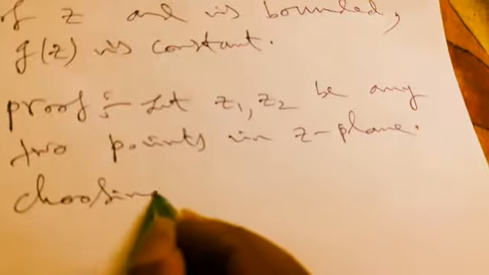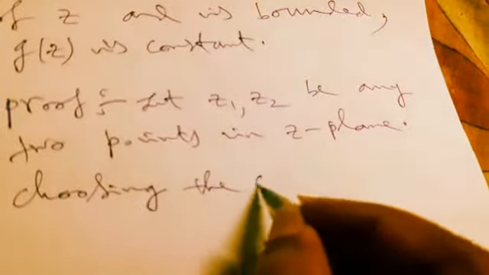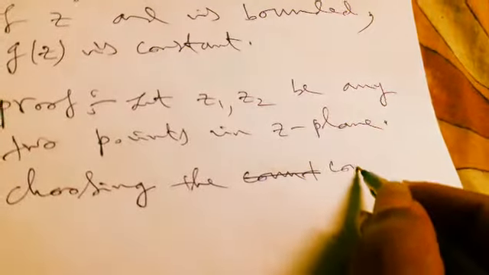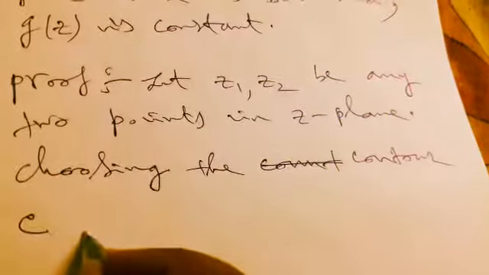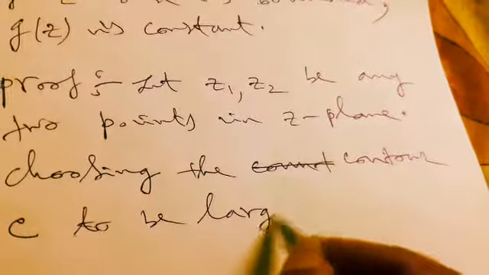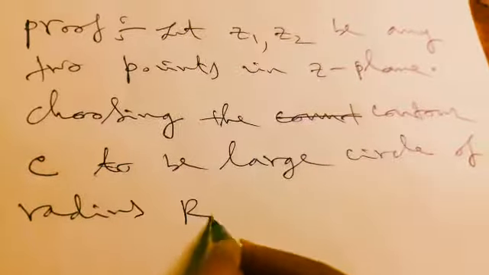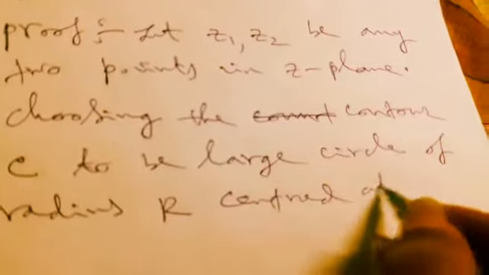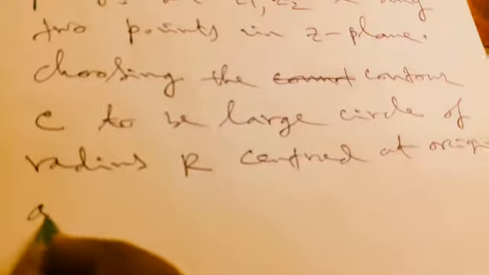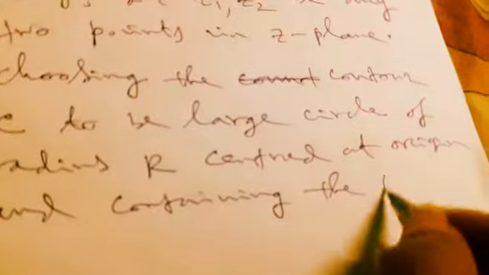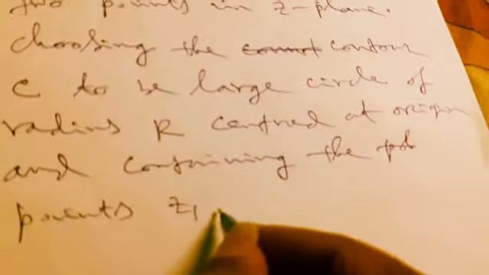Now choosing the contour C to be a large circle of radius R, centered at the origin and containing the points z1 and z2.